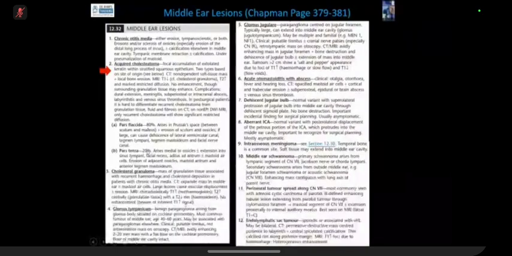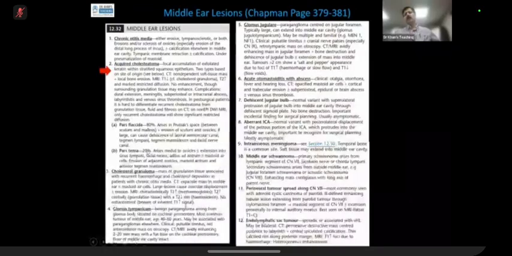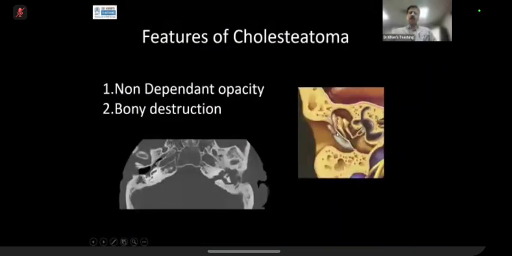Yes, sir. Okay. Now, you have to remember the pathology, what is happening. Basically, in cholesteatoma, because of otitis media, there is a retraction of the membrane and the skin cells go into the middle ear cavity.